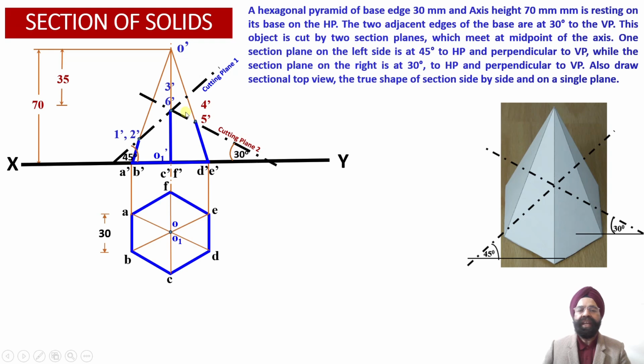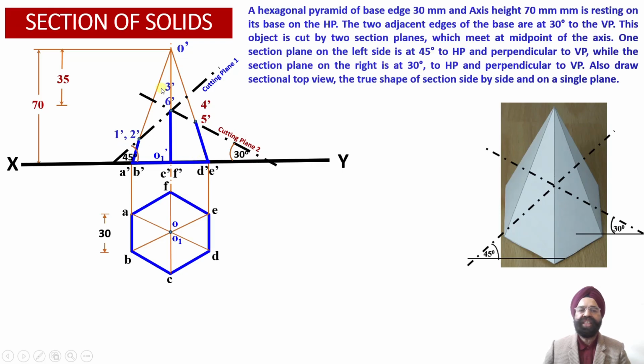While the cutting plane number 2 intersects the solid at an angle of 30 degree. So this way we are able to obtain 2 points of intersection 4' and 5' corresponding to the intersection of the cutting plane with the slant edges O-D' and O-E' over here. So 4' is the point of intersection of the cutting plane number 2 with the slant edge O-D', while the 5' point is the point of intersection of the cutting plane number 2 with the slant edge O-E' over here.